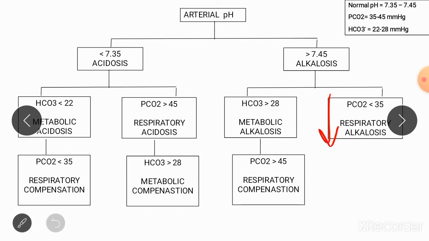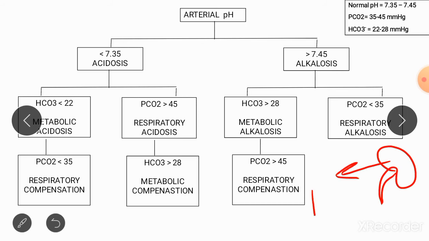So where is the fault lying? The fault is lying with the lungs. And who is going to compensate? The kidneys are going to compensate. How can kidneys compensate for respiratory alkalosis? The kidneys can compensate for respiratory alkalosis by throwing out a lot of bicarbs and reducing the levels of bicarb in the blood.